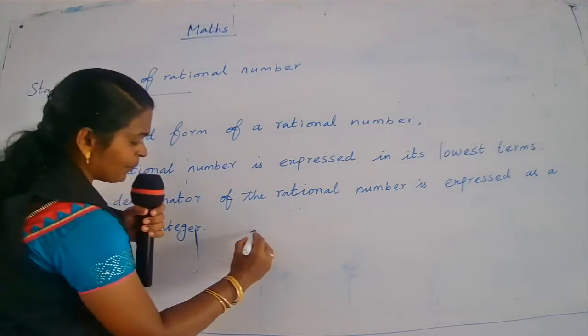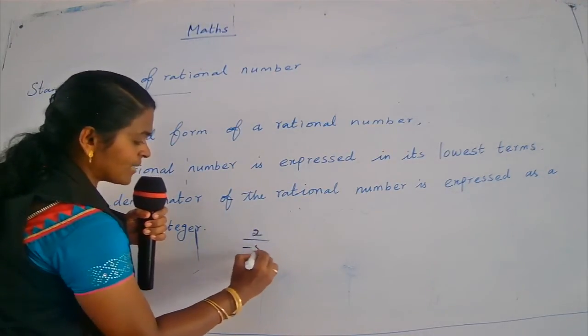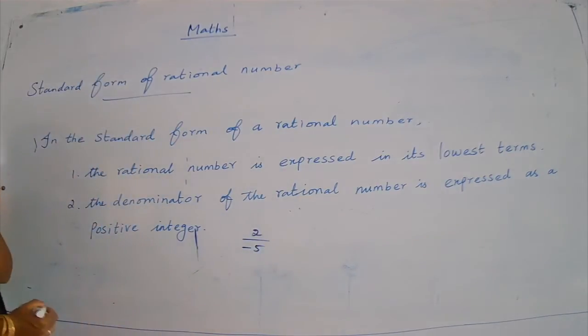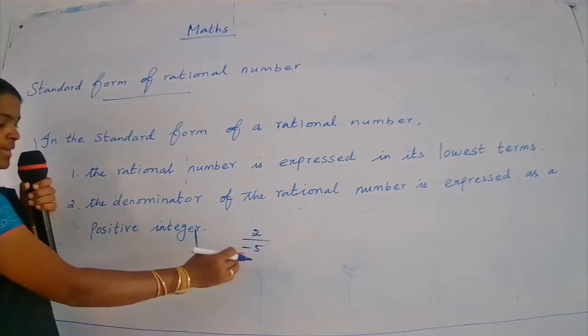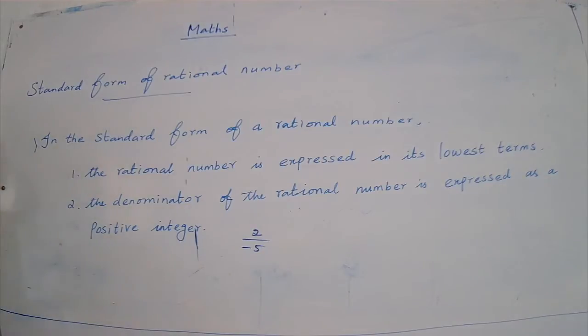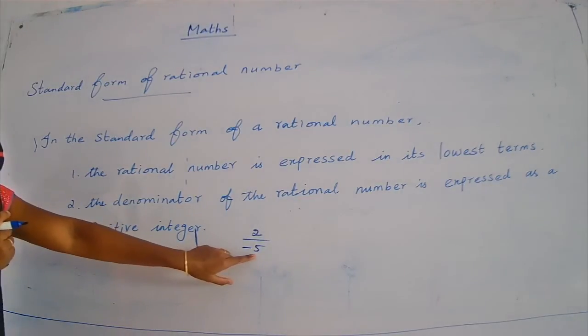For example, 2 upon minus 5. The denominator minus 5 is a negative integer, but in the standard form the denominator has to be positive. So you convert the denominator to positive.